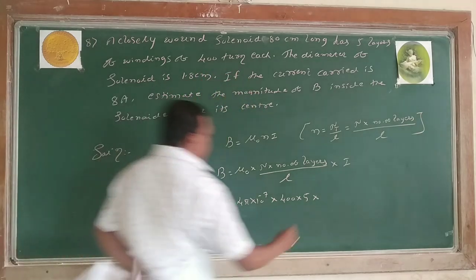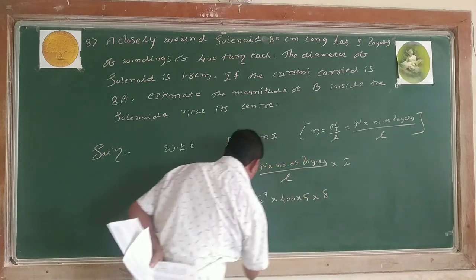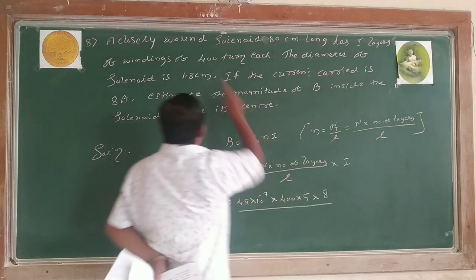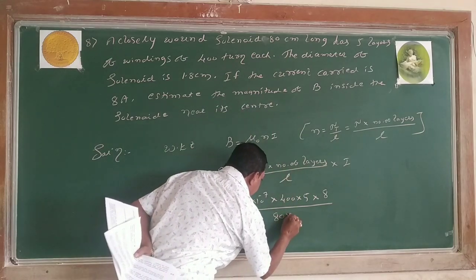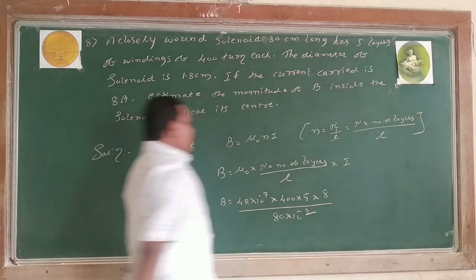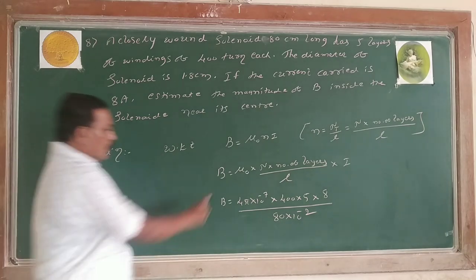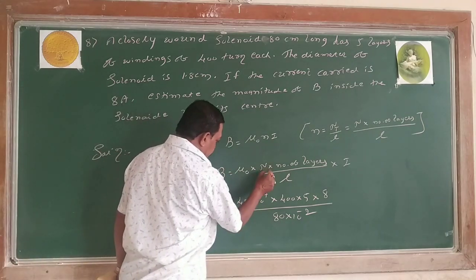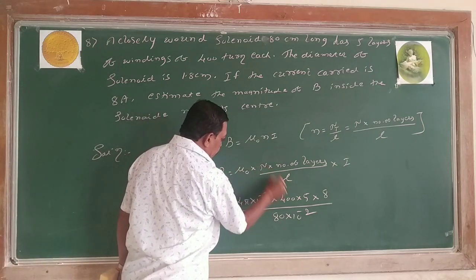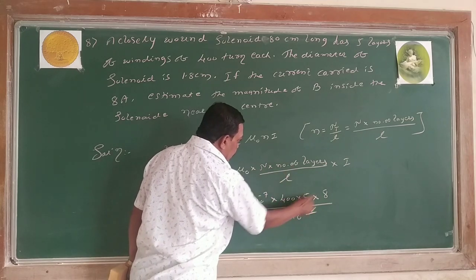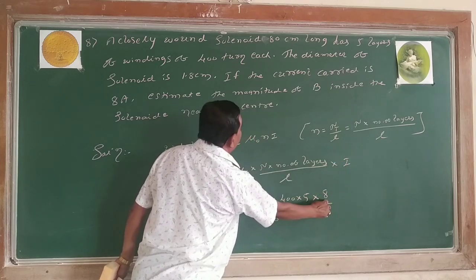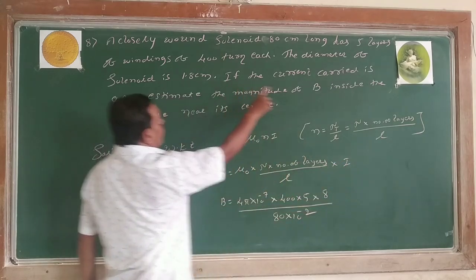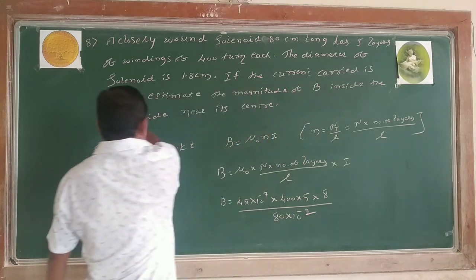What is length? 80 centimeter. Look: mu naught equals 4 pi into 10 to the power minus 7. Number of turns 400. How many layers? 5 layers. Current through the wound coil is 8 ampere. Then 80 centimeter length.